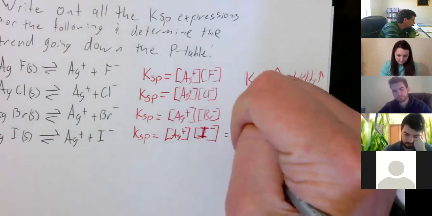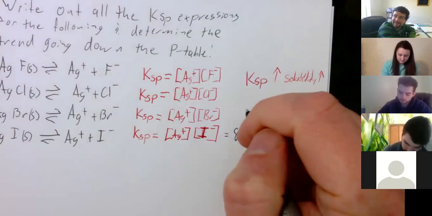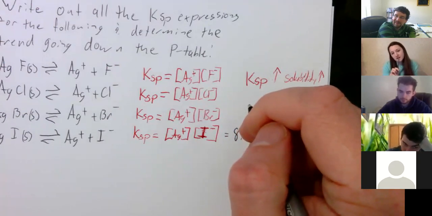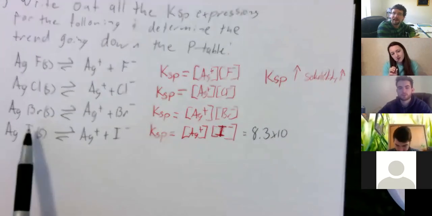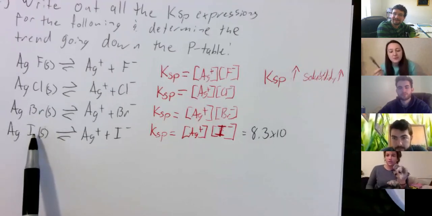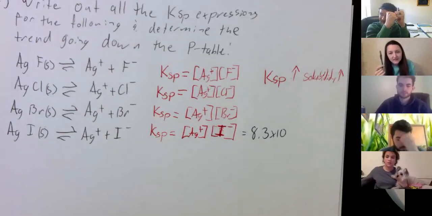Wait, did we say the highest was going to be I? Remember, this is the most soluble. That means this bond is least favorable. I said they're both soft, so they make a stronger bond, right?